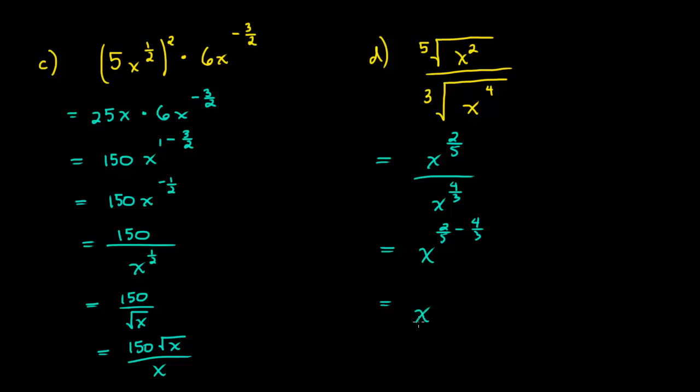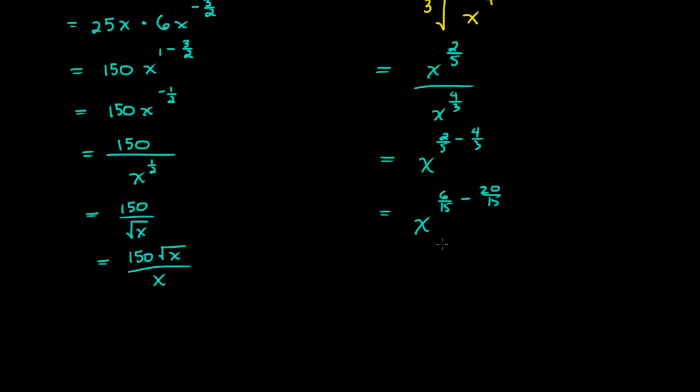So I can write this as x to the power of 6 over 15 minus 20 over 15. And 6 over 15 minus 20 over 15 is equal to minus 14 over 15.